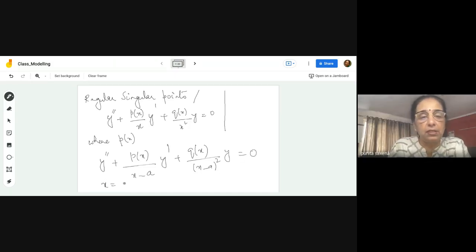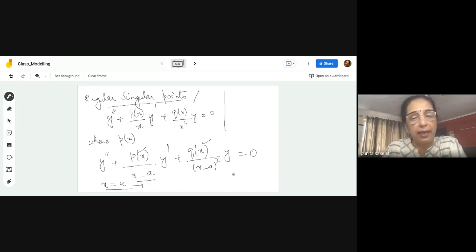And we discussed the fact that x equal to a becomes a regular singular point if both p(x) and q(x) are analytic functions at x equal to a, right? Now, when we are talking in terms of x minus a, as in the earlier cases, we can have two types of series, something like this or something like this.